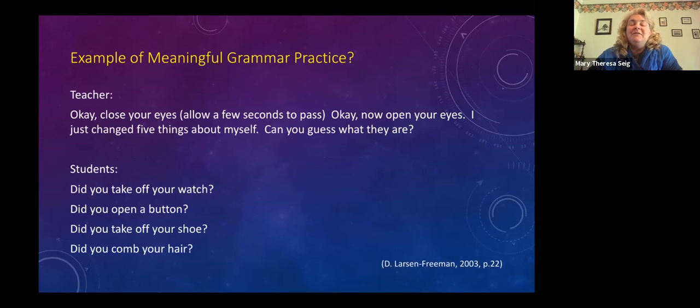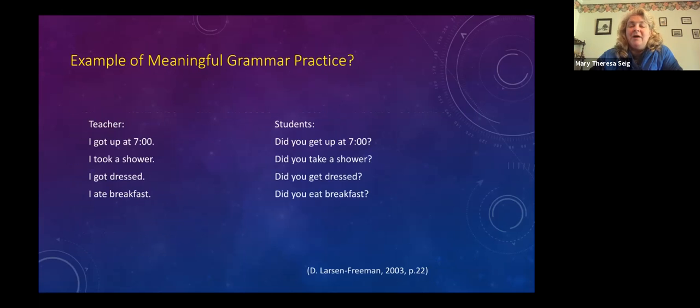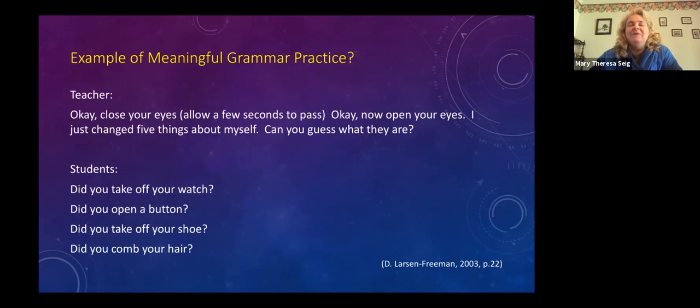All of these are much more meaningful grammar practice than the previous example, where they were simply practicing the question and perhaps not even engaged. Here, they're engaged. They're looking at the teacher and they're trying to figure it out. You've introduced a little sense of competition.